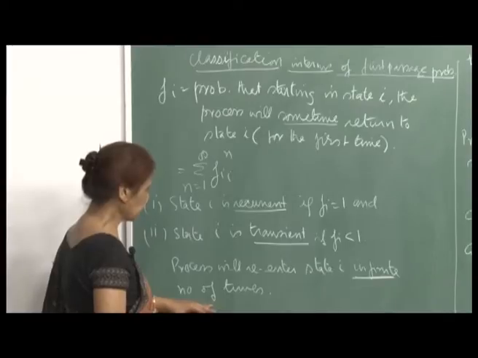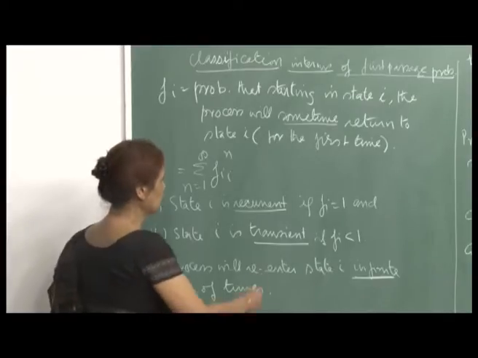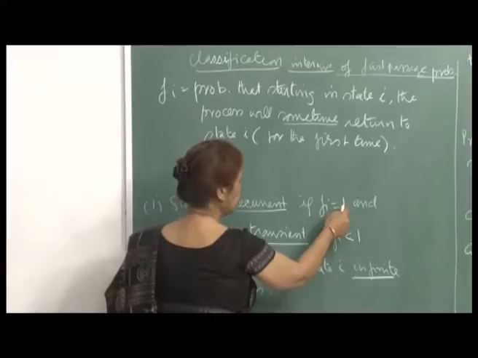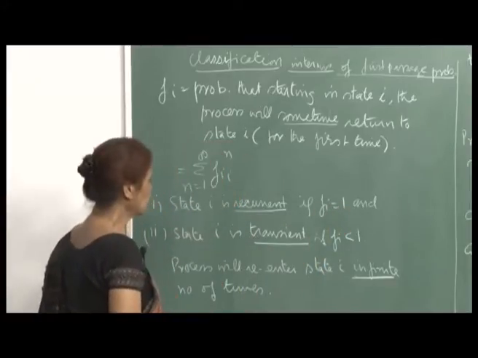And so, now you can interpret this as saying that if f I is 1, that means the system will return.